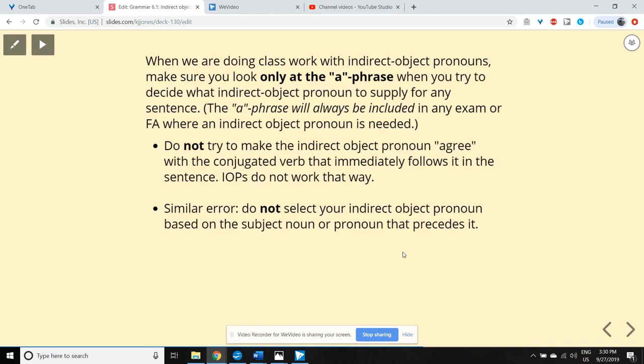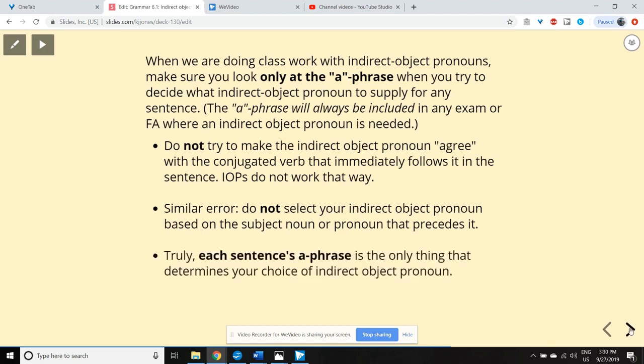The subject doesn't control the indirect object. No, it just doesn't. The only thing that controls the choice of indirect object pronoun selection in an exam environment is the a phrase in the sentence. Those are the only two things that have a causative syntactic relationship. The rest is just proximity, and proximity is not causality, okay?